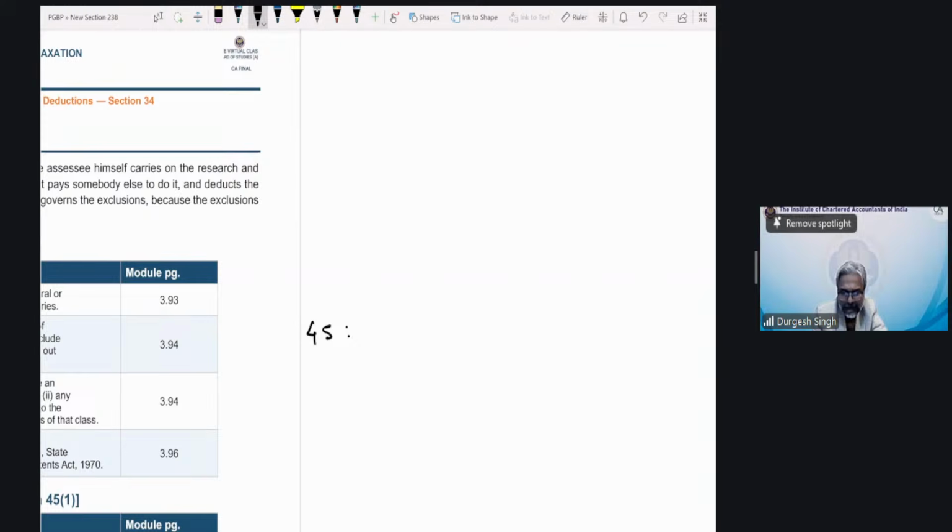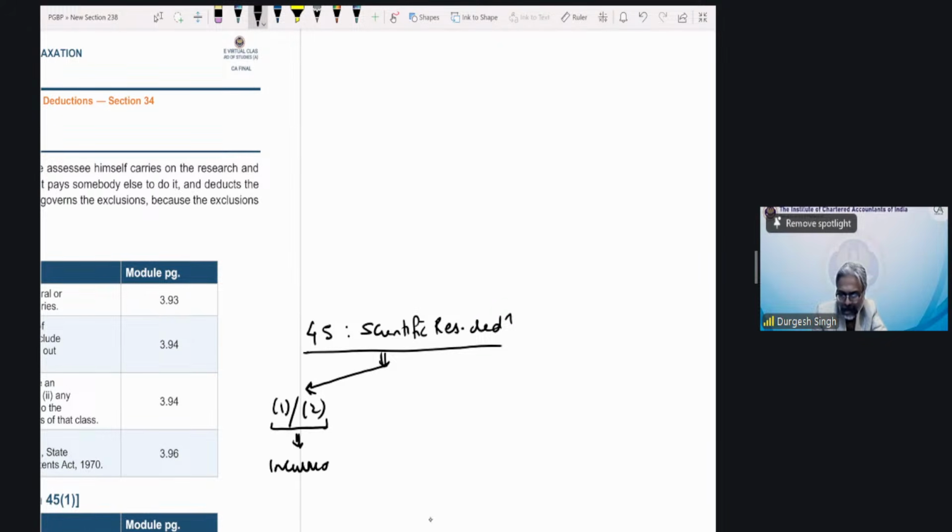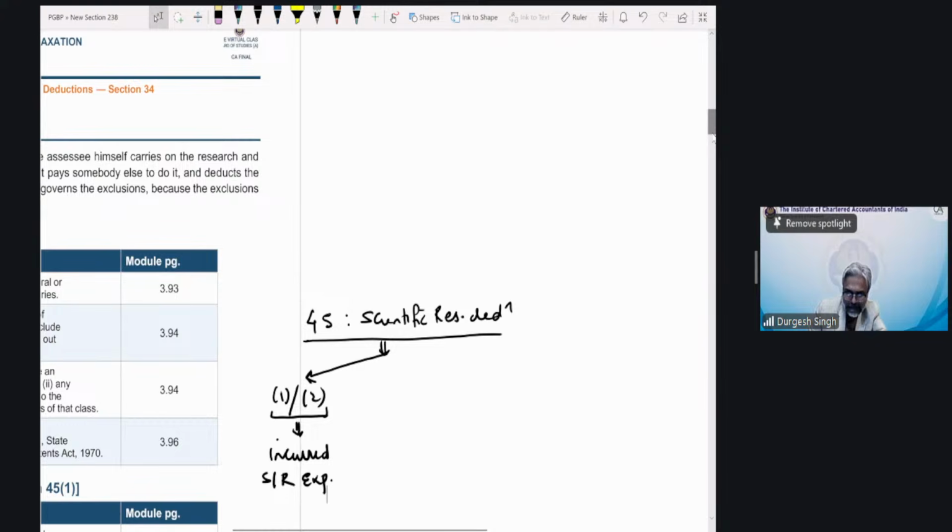So, this is about the scientific research deduction. Here, there are two parts, students. Subsection 1 and subsection 2 are where you have incurred scientific research expenditure for the business.